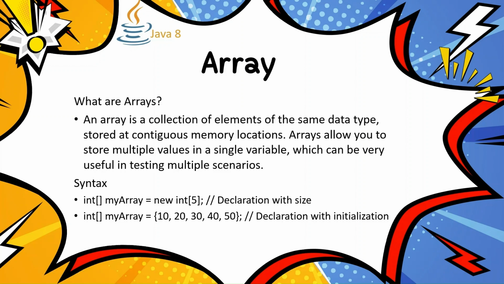If I want to initialize the values inside it, then I will write my array equals, use curly braces, put the elements in it, close the curly brace, semicolon. So if I use my int array and put the 5 elements in it, I'm initializing the values inside the array. You can write this in 2 lines, or you can write it in one single line and directly initialize the values in it.